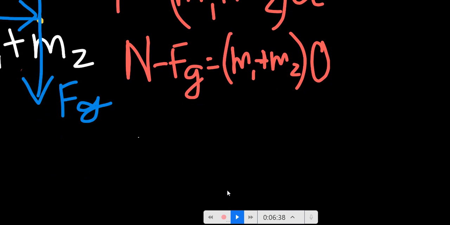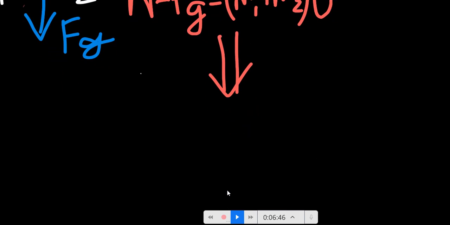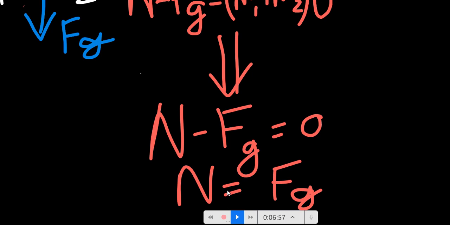So what we actually have here is N minus Fg equals 0, or N equals Fg.